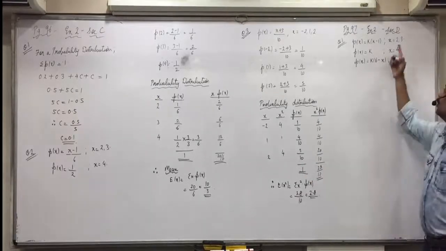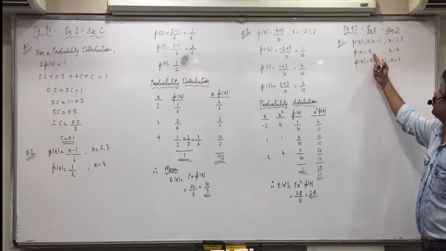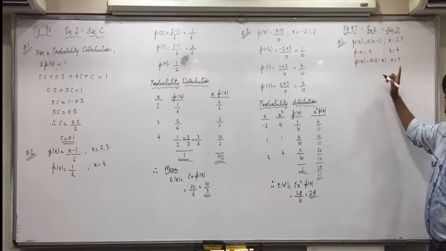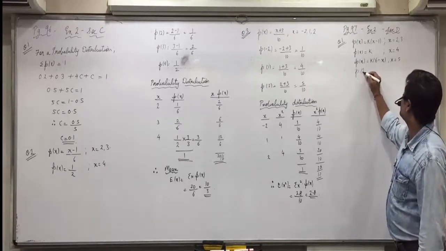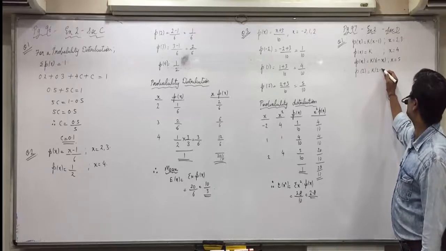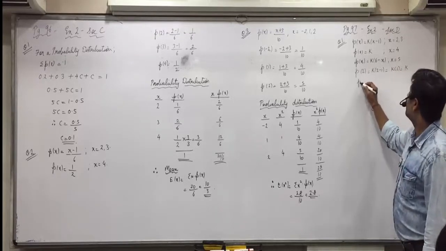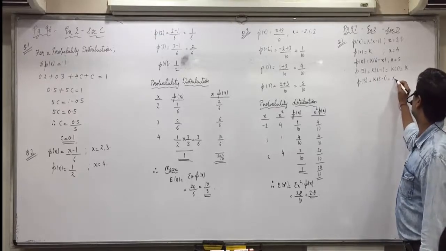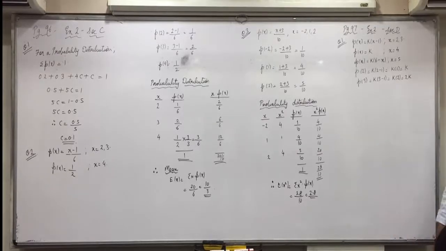So this 2 and 3 we will put in the first function. For 4, there is no x, so there will be directly k, and 5 we will put in the third function. Any confusion in this? P of 2: k into 2 minus 1, k into 1, that is k. P of 3 in the first function: k into 3 minus 1, k into 2, 2k. Did you all understand this?